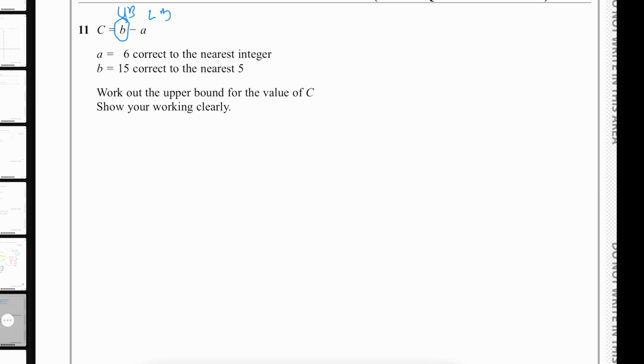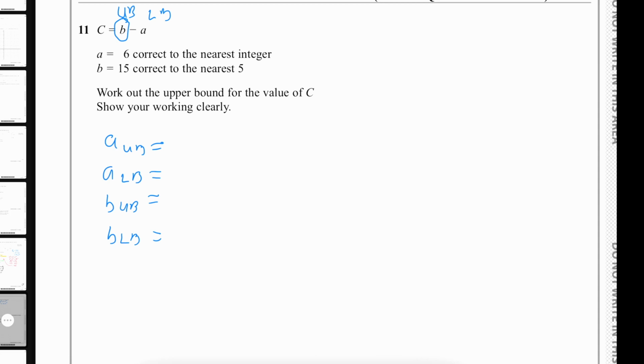If I took the upper bound and the upper bound, I'm not going to get as big a number as if I took a big number minus a small number. Either way, I always recommend saying A upper bound, A lower bound, B upper bound, and B lower bound, and then just writing them out anyway.